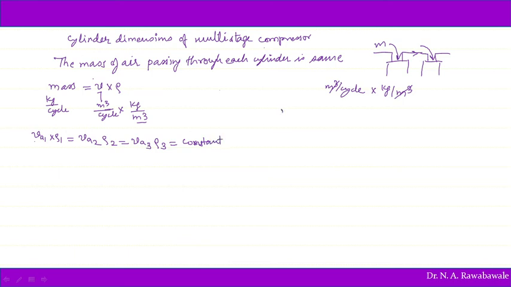Why? Because m1 kg of air enters into the first cylinder, m1 kg per cycle.